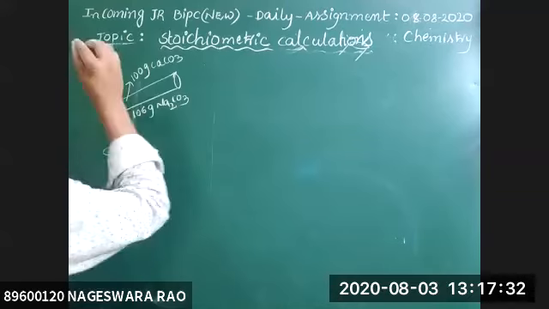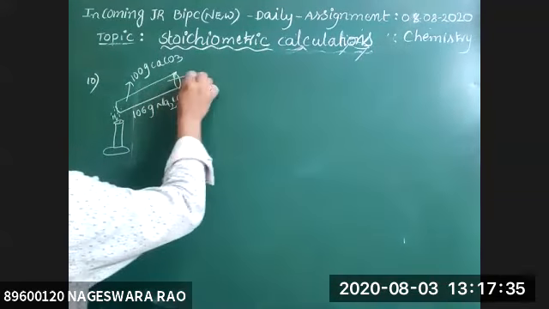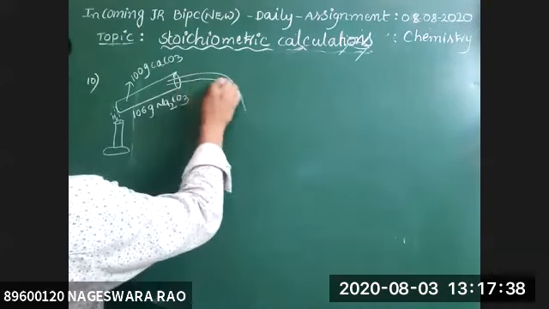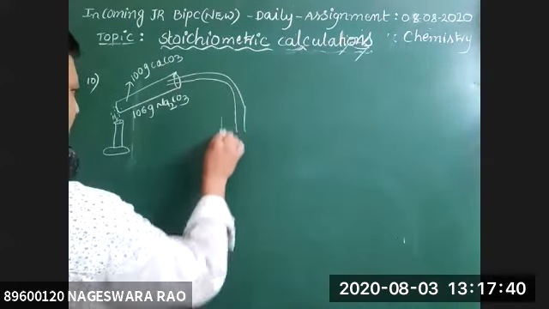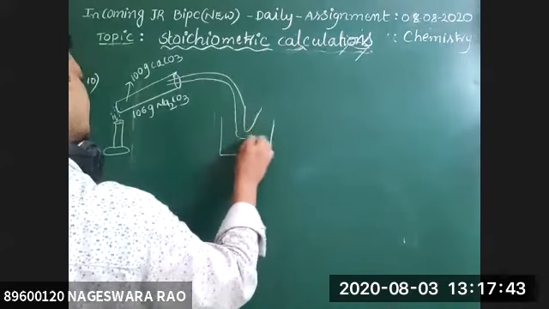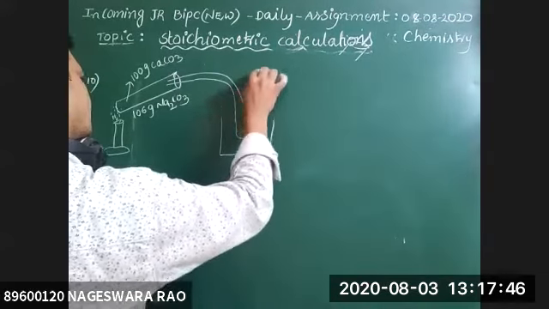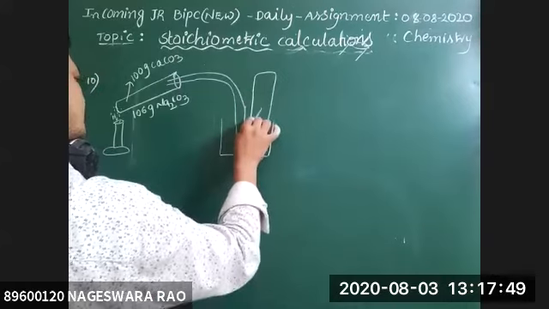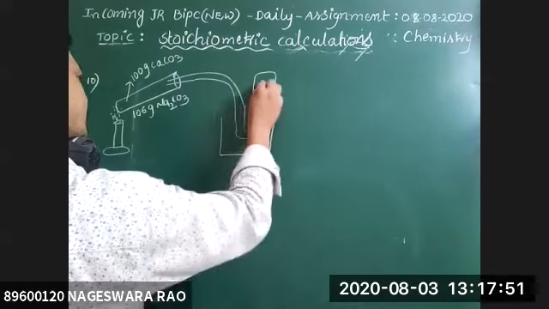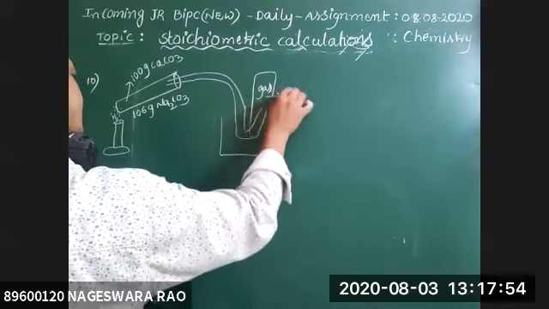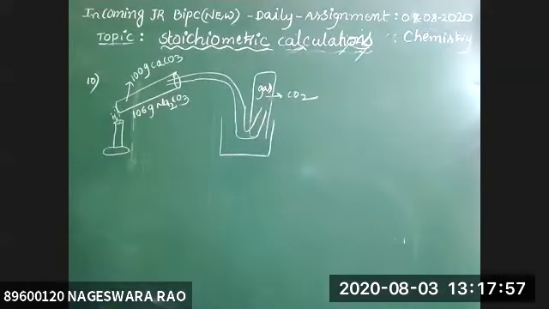With Bunsen burner heating, one gas is released that is collected over water. So this is collected in this tube. Here gas is formed. So what is the gas? Yes, CO2 is the gas. How many moles of CO2 gas are formed after decomposition of the above mixture?